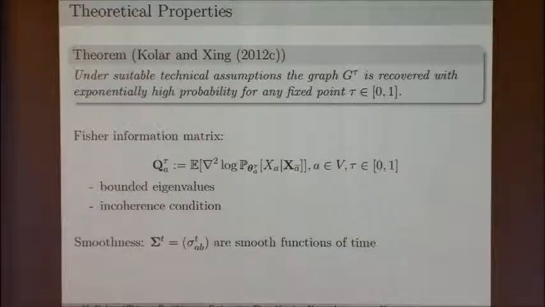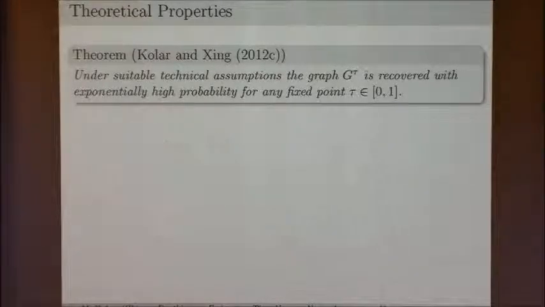In particular, we require that the model is identifiable, meaning that the population version of the Fisher information matrix satisfies certain incoherence conditions. We require that the correlations between two components are smooth functions over time, so in particular we assume that the second derivative is uniformly bounded by a constant. The kernel satisfies some regularity conditions.